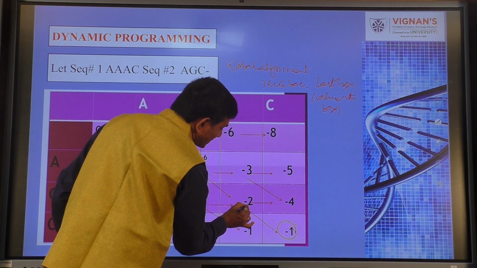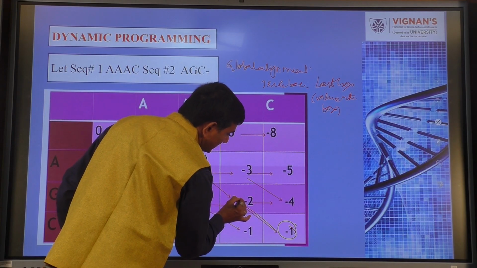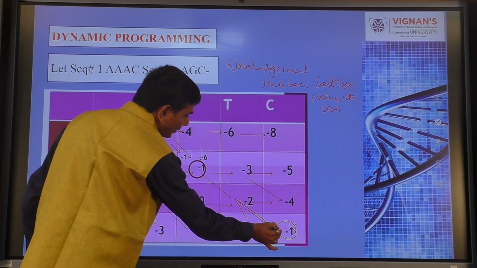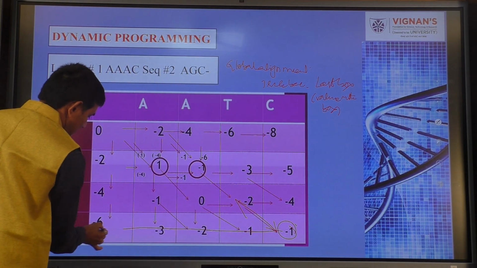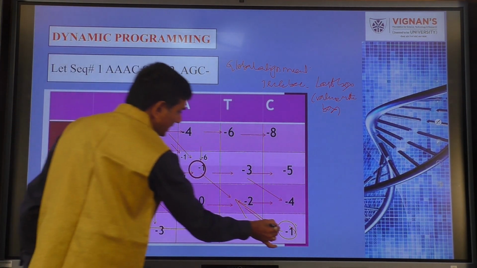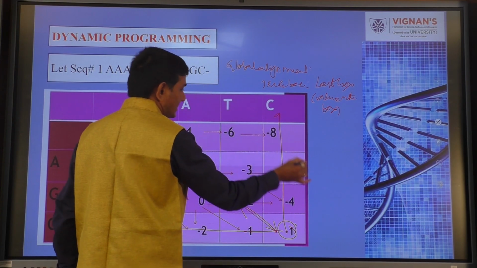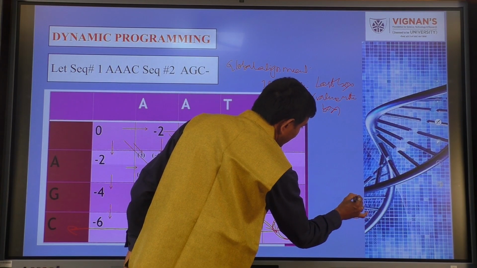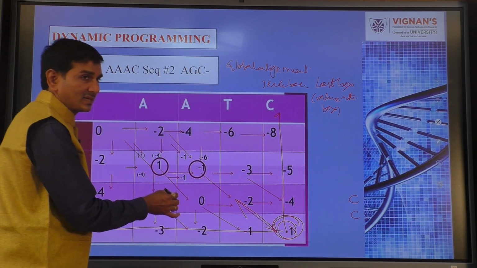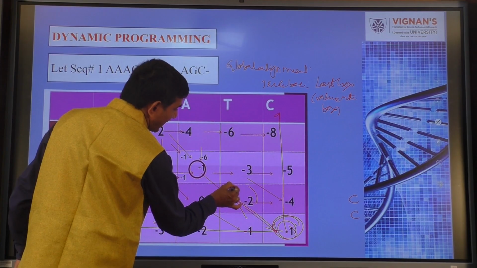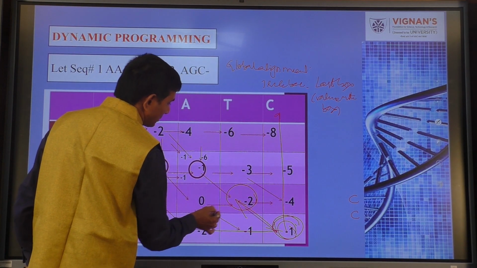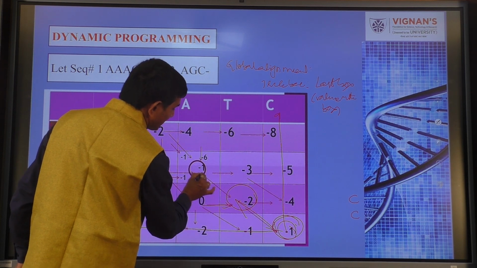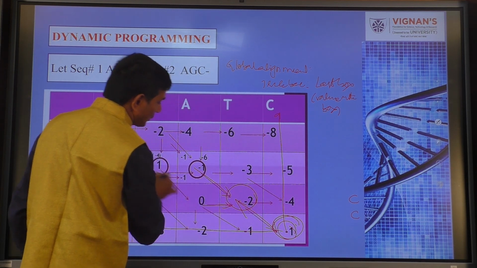So, this value of -1 is obtained in the diagonal direction, right, in this direction. The row coordinate for this particular cell is C as well as the column coordinate is C. And coming to this box, this particular value of -2 is obtained in two directions: change in column as well as change in both row and column.